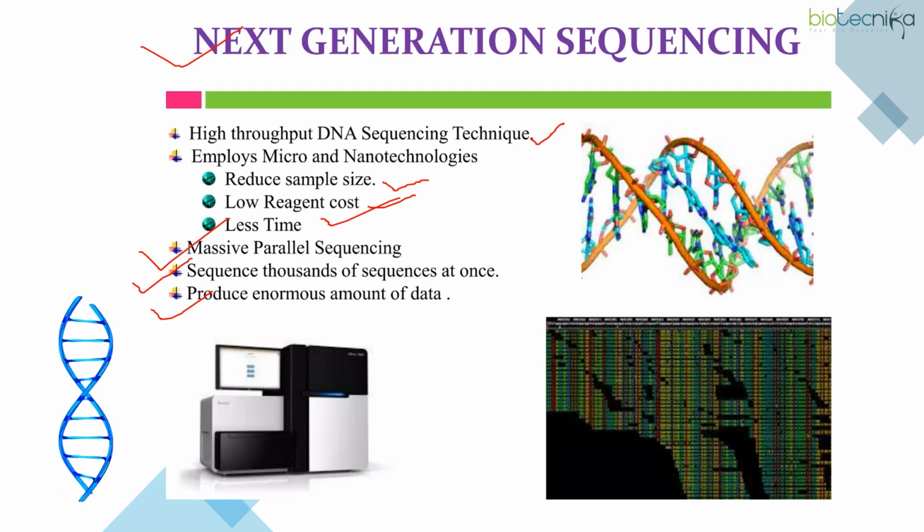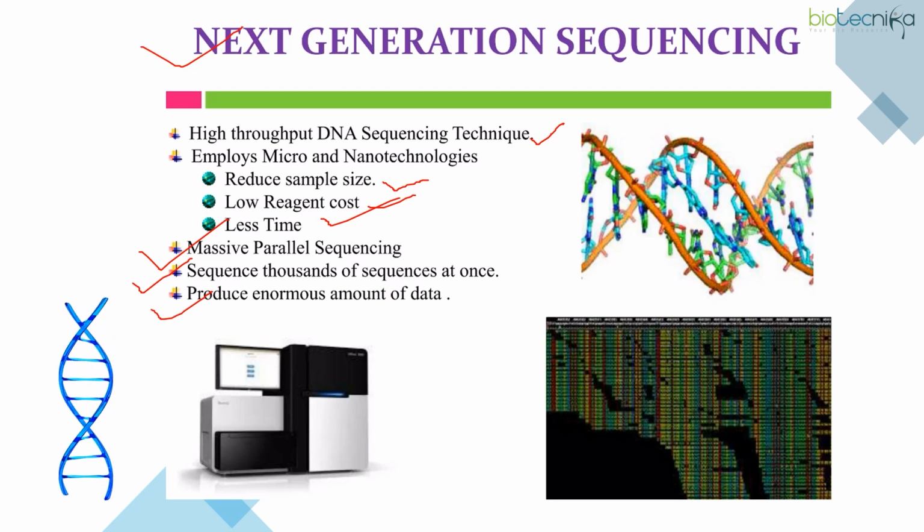So why is it possible? Because it is using micro and nanotechnology as a technique, and even high throughput DNA analysis. One of the limitations overcome here is that it reduces the sample size. Reagents used are comparatively low in cost, and it takes less time to give the results.